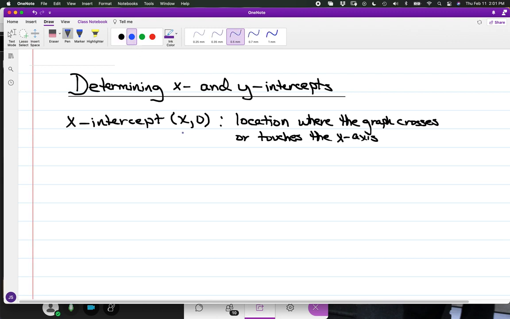So in an equation that consists of the variables x and y, for each x-intercept you're going to set y equal to 0 and solve for x.